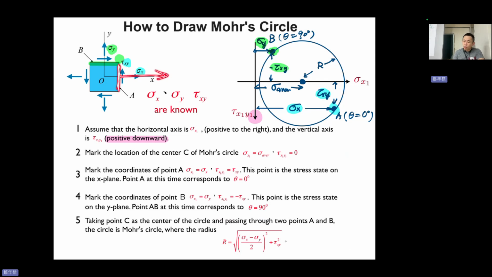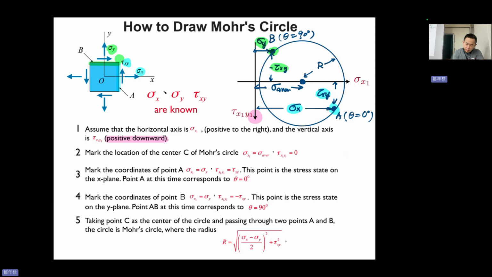So you need to define where your original x is. Okay, so you get your x by using sigma x and tau xy, and then you get the point on the circle. Then the rest of the planes or any other orientation, you can just rotate, rotating in the same direction, counterclockwise, and then your theta will be doubled in the Mohr's circle space.